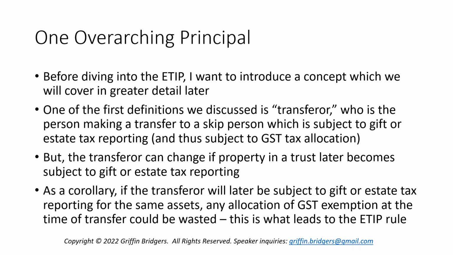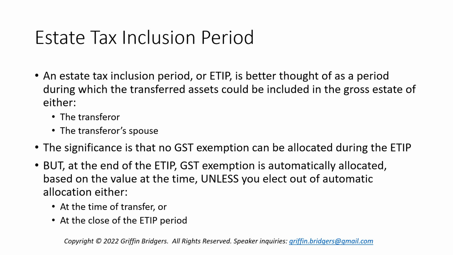Because every time there's estate or gift tax reporting, any prior exemption that's allocated is wiped clean, and there's a new allocation at that time, either of the original transferor's GST exemption or a new beneficiary's GST exemption. So every time that happens, there's some potential wasting of GST exemption, which leads to this ETIP rule we're going to talk about, which saves us a little bit from this potential wasting of GST exemption issue.